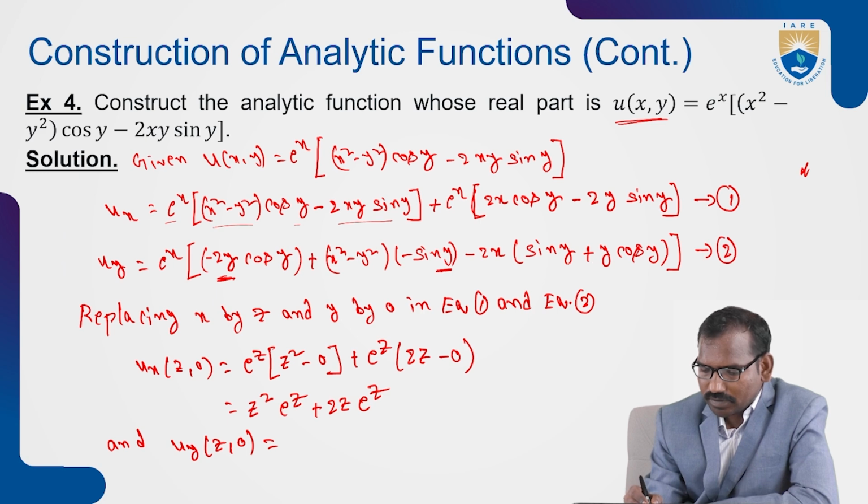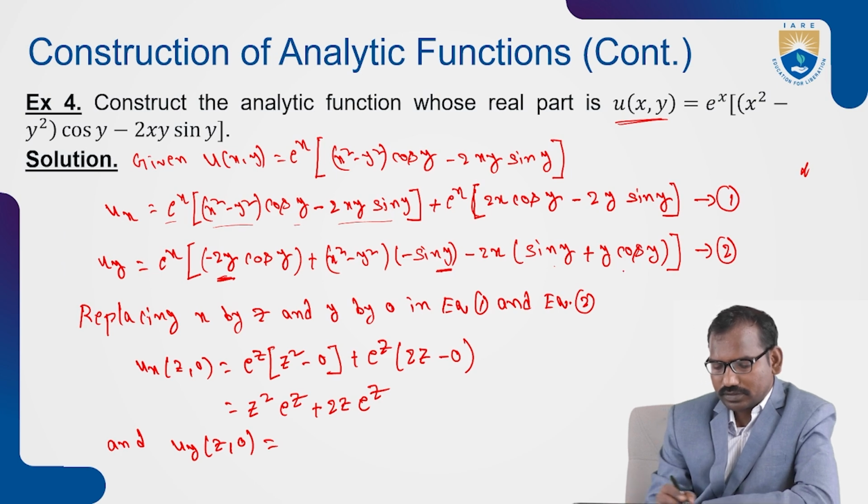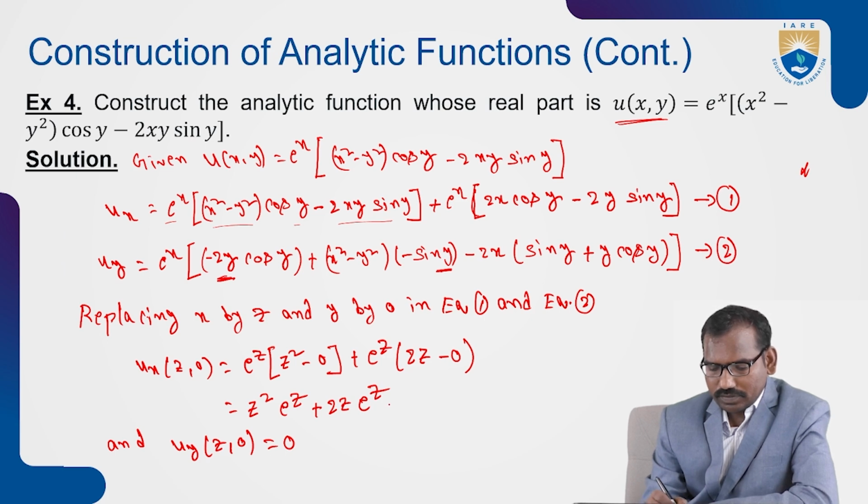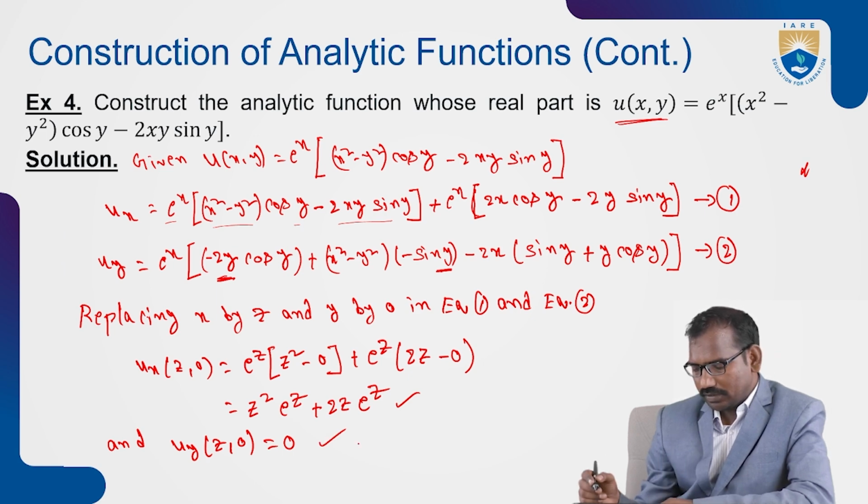And here y is 0, so sin y is also 0, so this term will be 0. And the last term, here y is 0, so this term is also going to be 0, so you will have 0. Okay, now I know ux in terms of z and uy in terms of z. I am going to utilize these two.